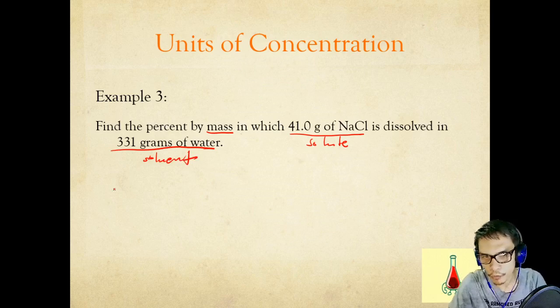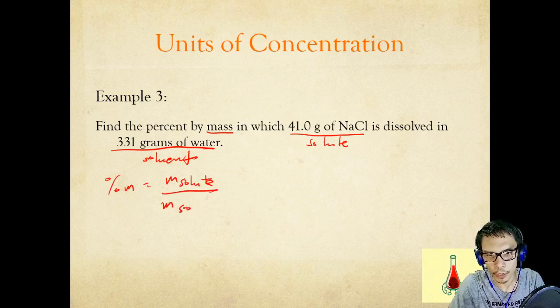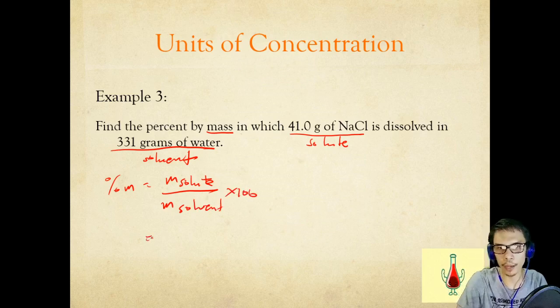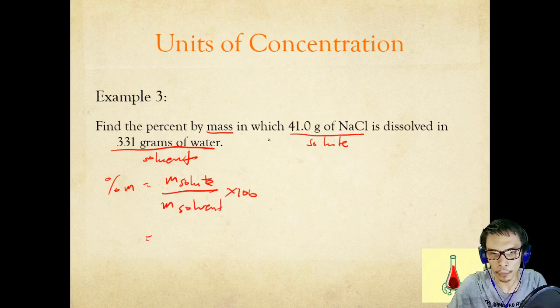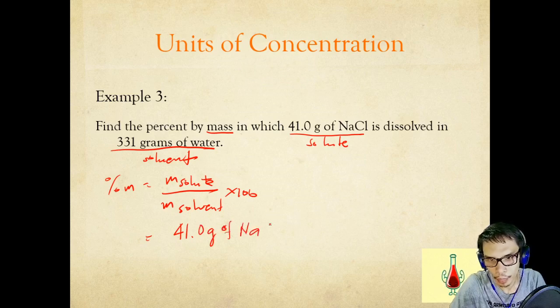So what is the formula here? Percent by mass is equal to mass of solute over mass of solution, times 100%. We will substitute all those values into the equation. We have 41.0 grams of NaCl.